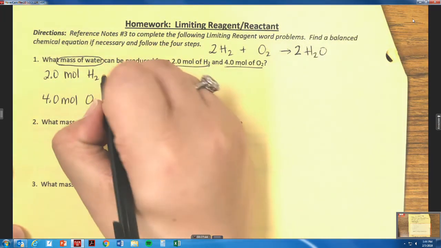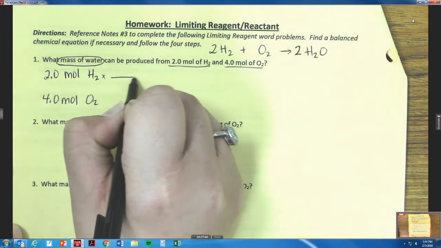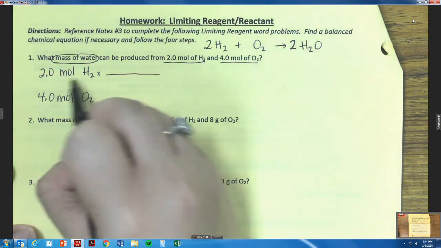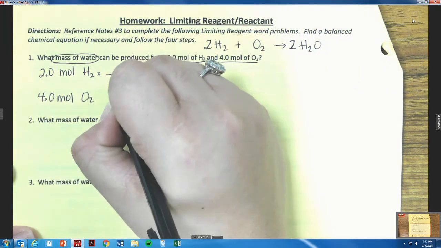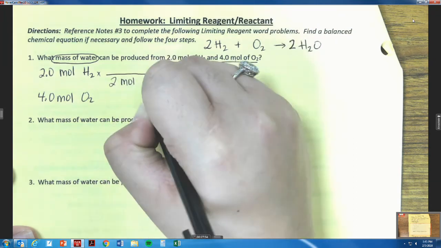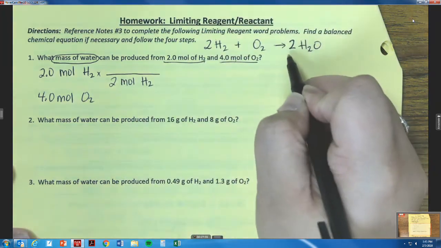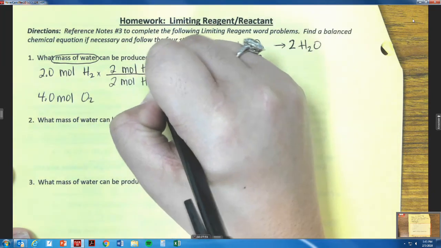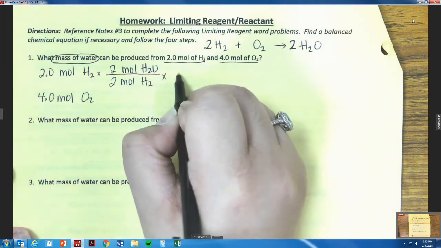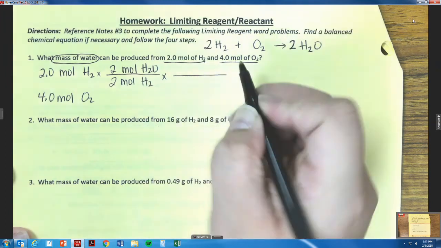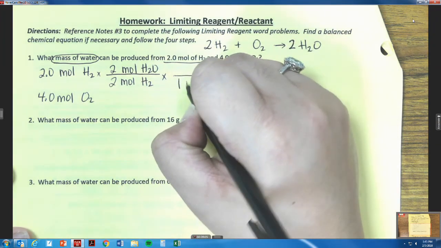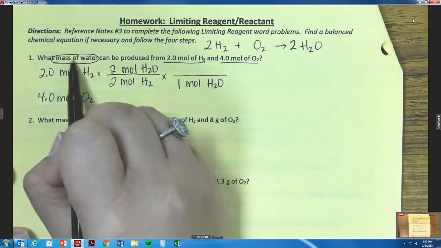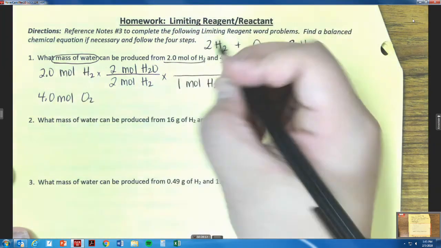Again, first conversion is our coefficient ratio. So we have 2 moles of hydrogen and 2 moles of H2O. That's going to be our conversion factor. And what we're looking for is grams, or the mass, of water.